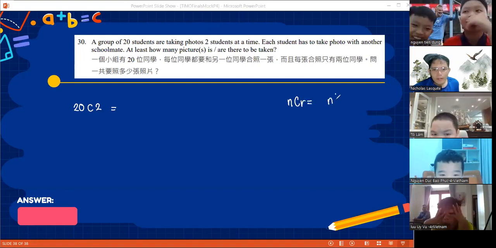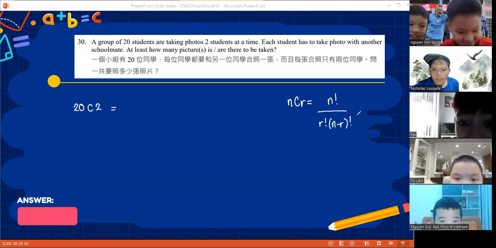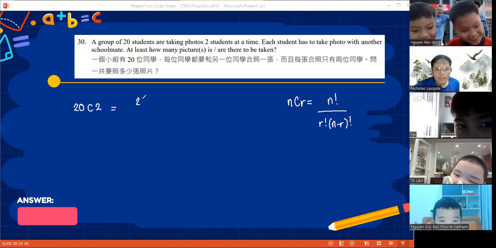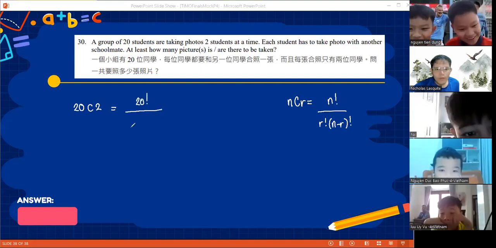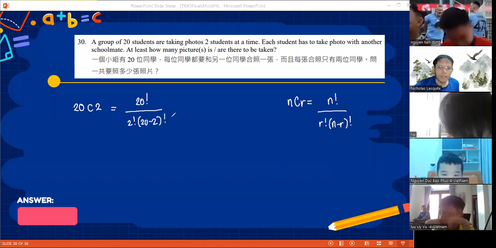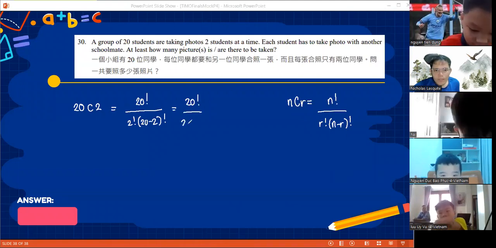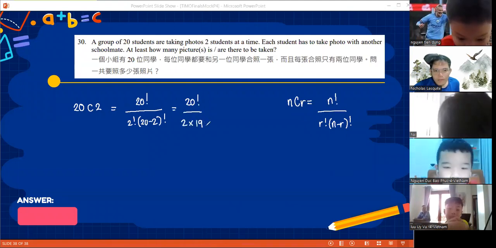That is n factorial over r factorial times n minus r factorial. So this one is 20 factorial over 2 factorial times 20 minus 2 factorial. Okay? So this is 20 factorial over 2 times 18 factorial.